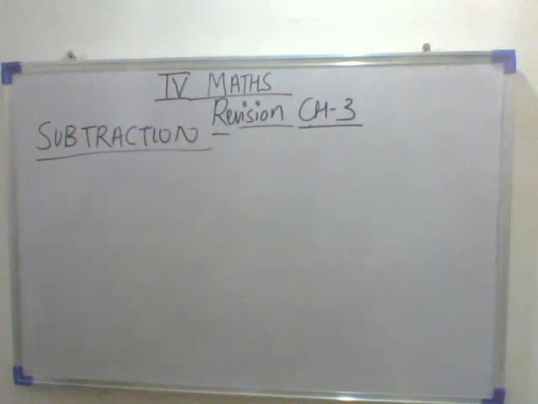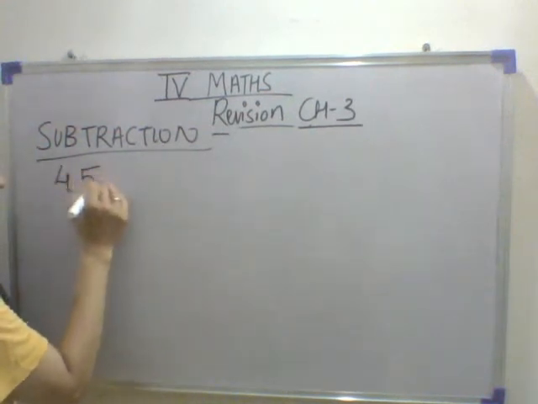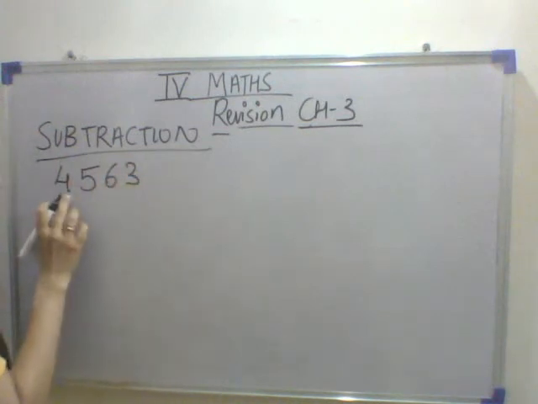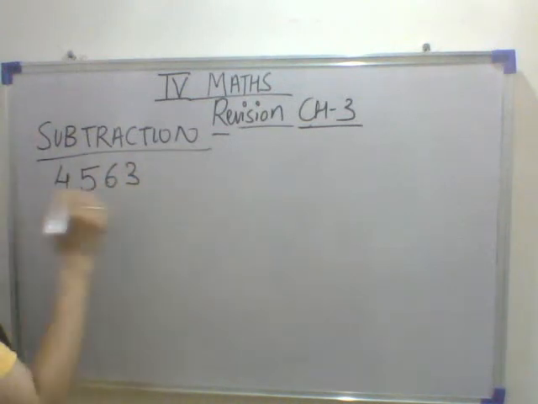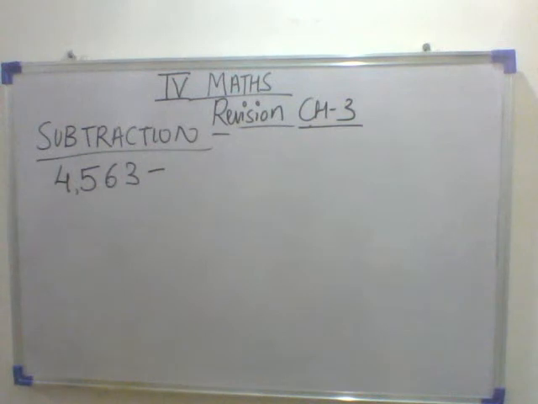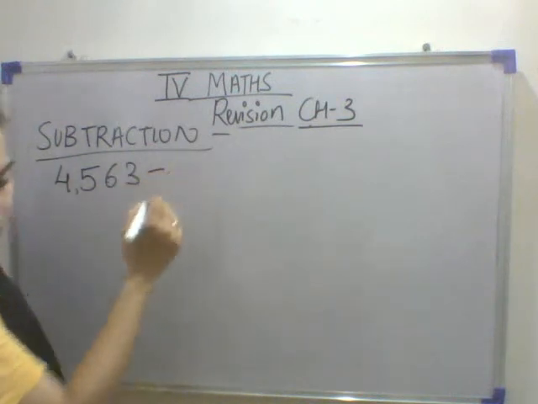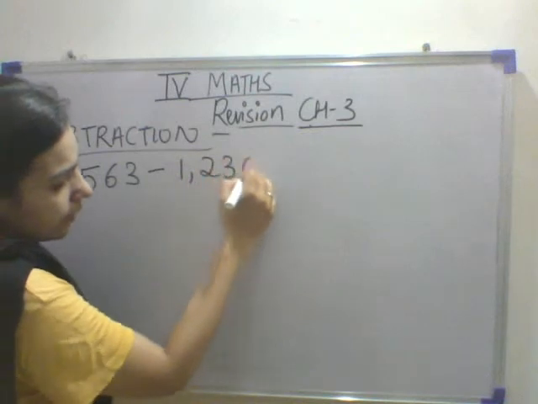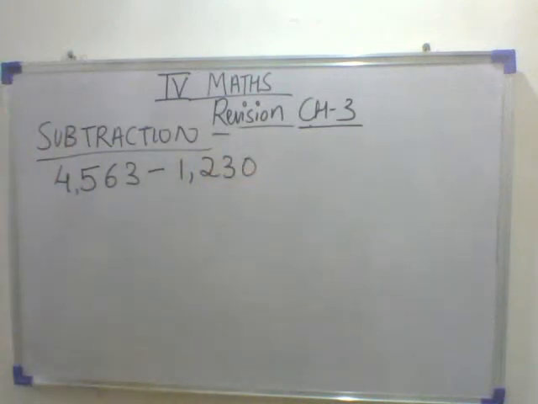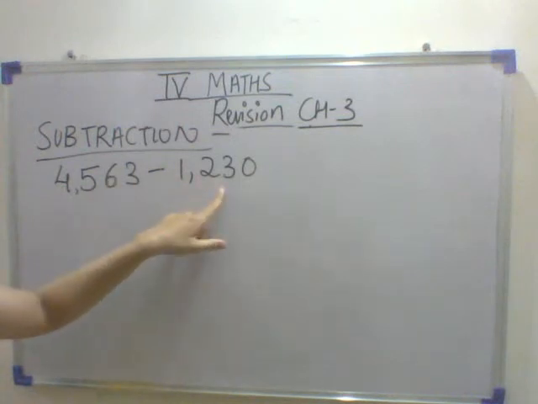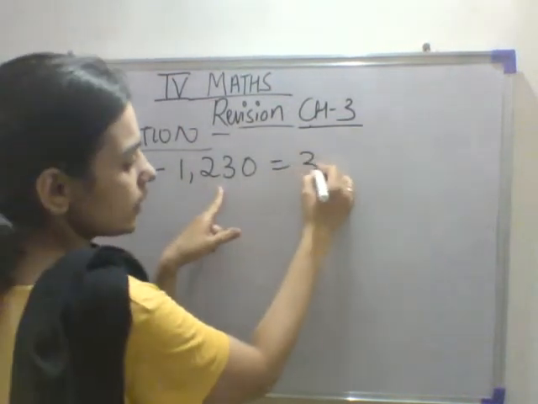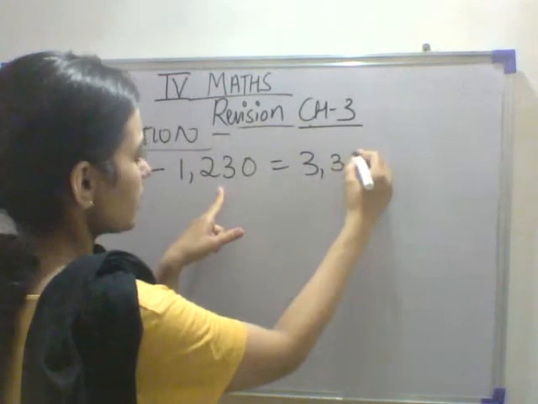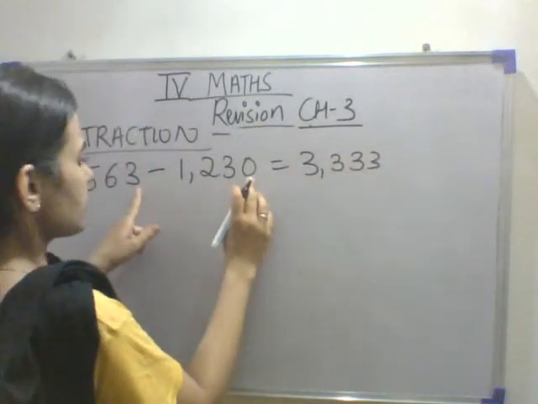Here I am writing two numbers. 4563 minus 1230. If I subtract this number from this number I'll be getting 3333.